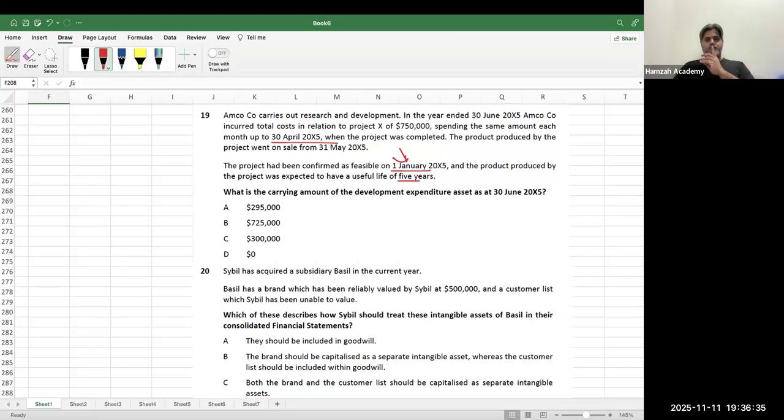The 30th June is the year end. Till 30th April, you became sure that it's going to be feasible for you. So January, February, March, April.